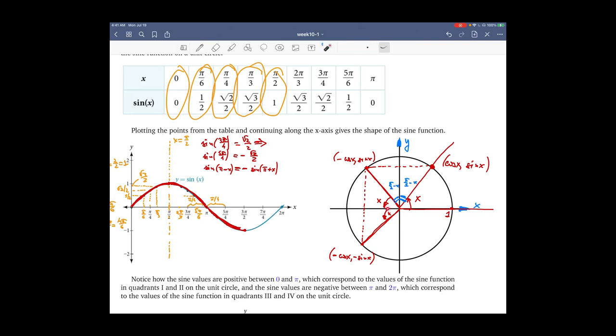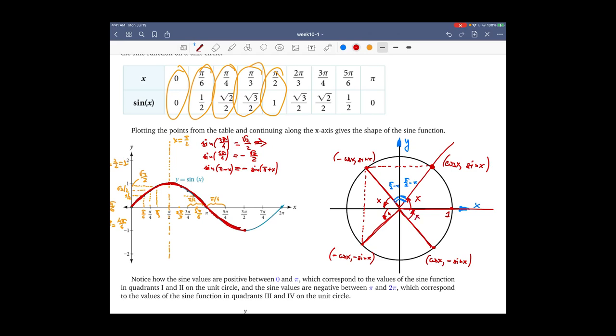If this angle is x, and we find the point on the unit circle symmetric to this point about the vertical axis, the coordinates of that new point will be cosine x, negative sine x, so that this angle here is also x.